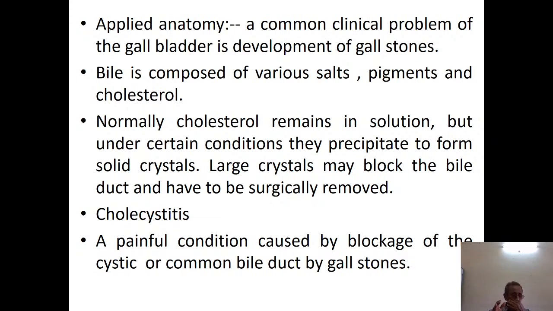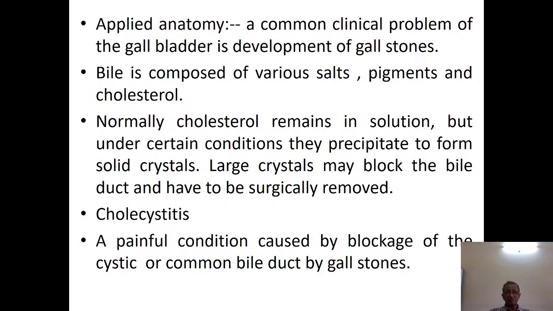This bile duct, formed by the union of the common hepatic duct and cystic duct, comes on the posterior aspect of the first part of the duodenum, then enters the pancreas and opens on the medial aspect of the second part of the duodenum on the major duodenal papilla, which is about 8 to 10 centimeters from the pyloric sphincter.